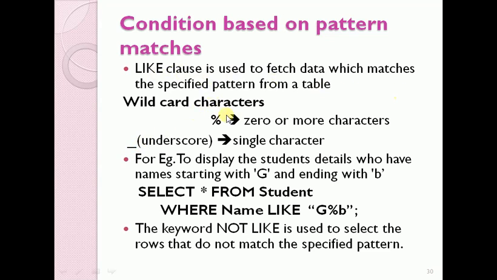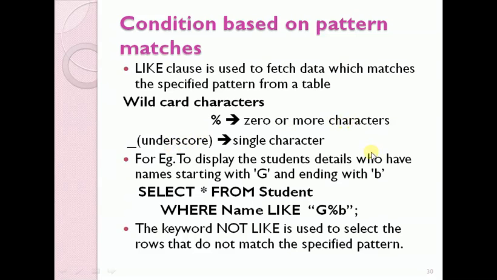Percentage represents 0 or more characters. 0 or more characters means it may be 5 or 10 or 1000 characters, or it may be simply no characters. So 0 or more characters can be represented using this percentage. And the second one, underscore, represents a single character. Any character, but only one.